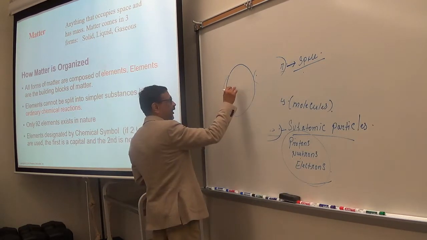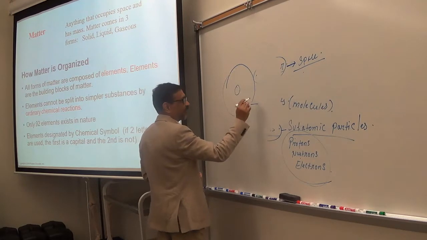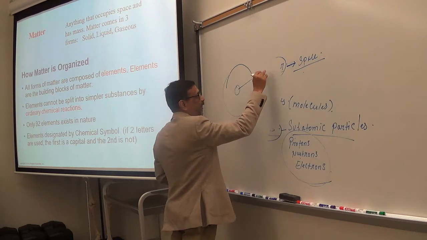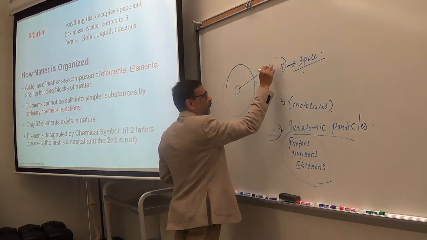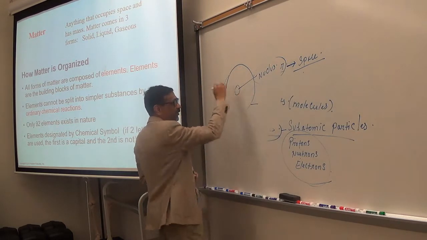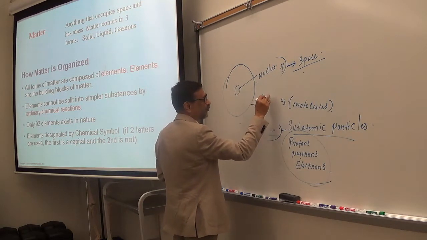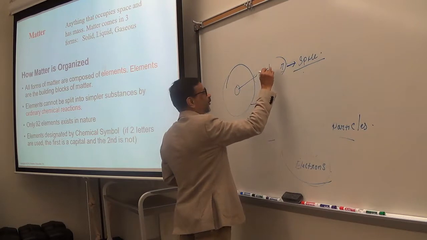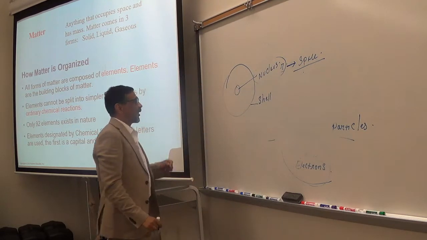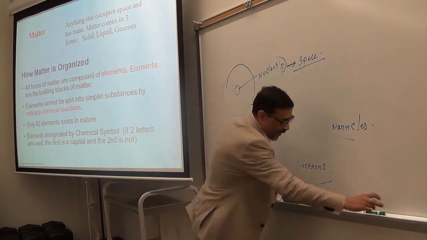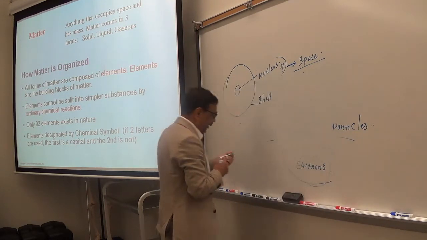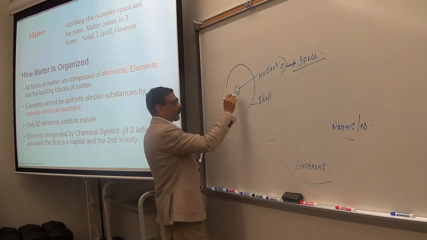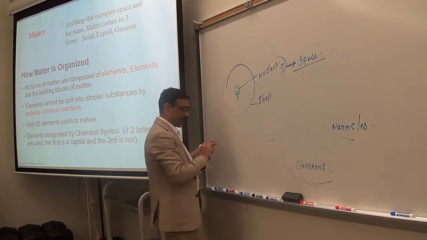Atom has a nucleus and outer part is called the shell. So in the center you have a nucleus called the atomic nucleus, and outer part or layer is called the atomic shell. Okay. Now, if you see the nucleus of an atom, in the nucleus you have protons and neutrons.